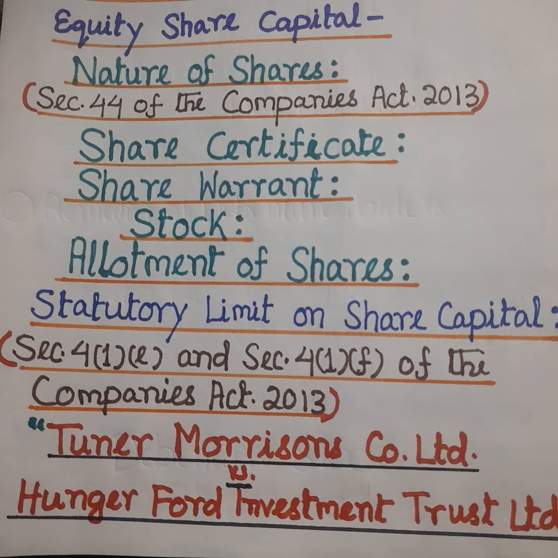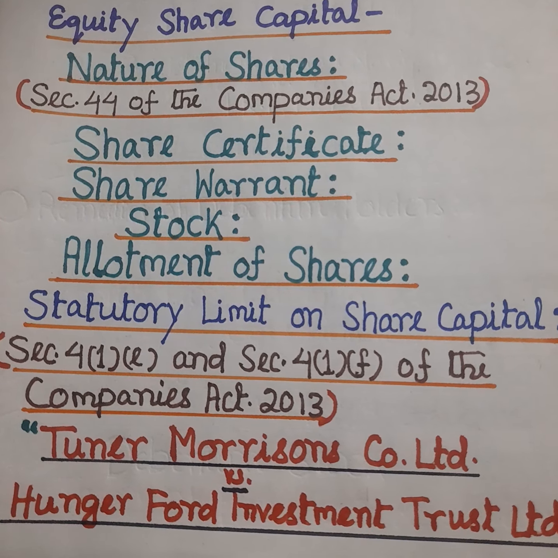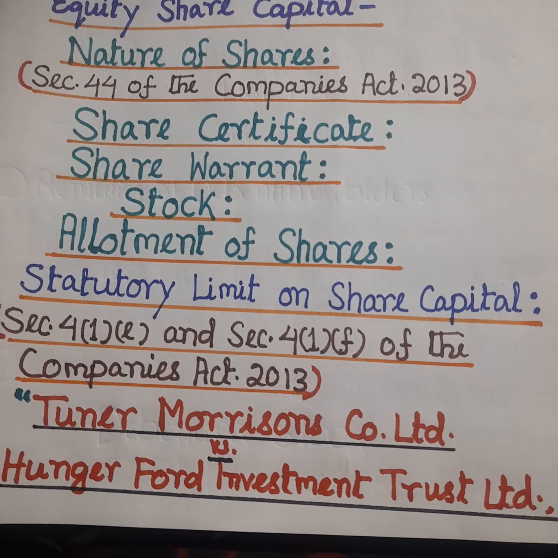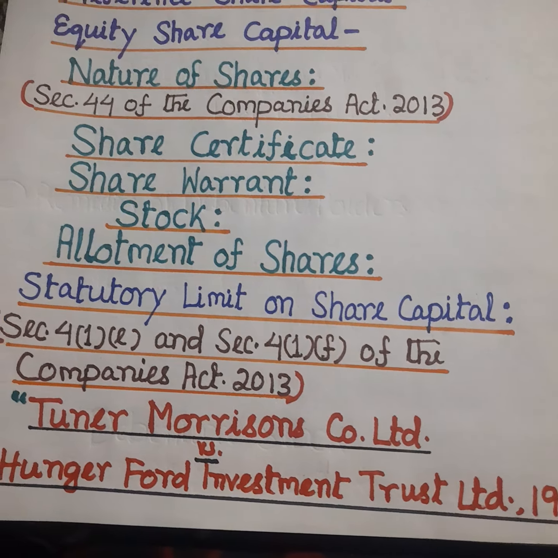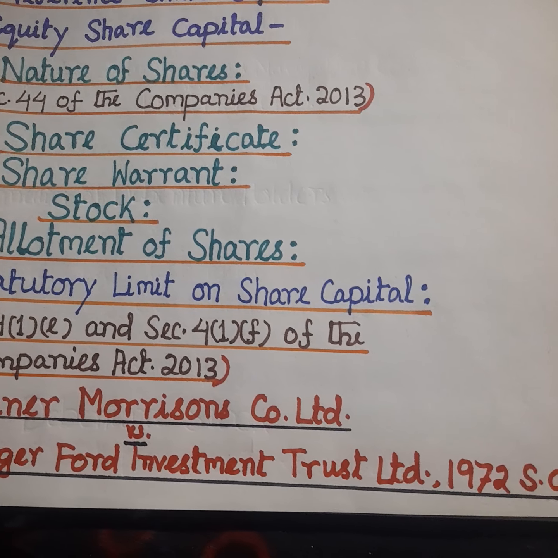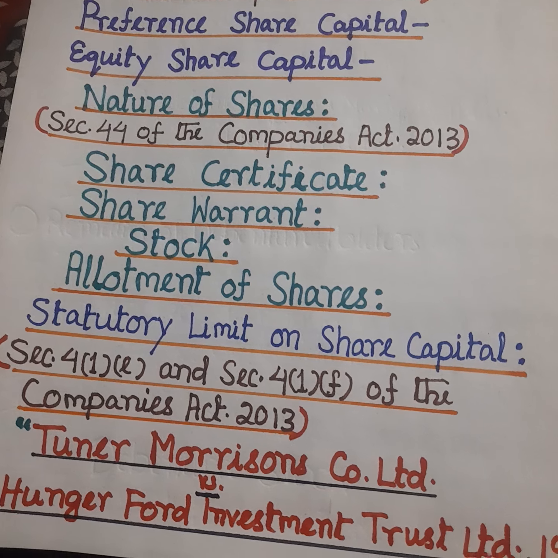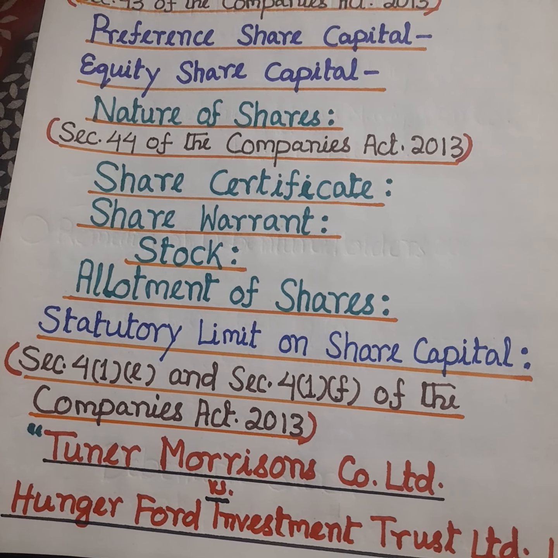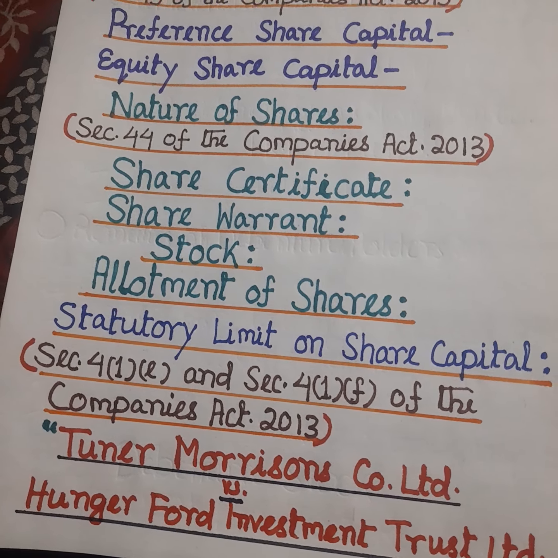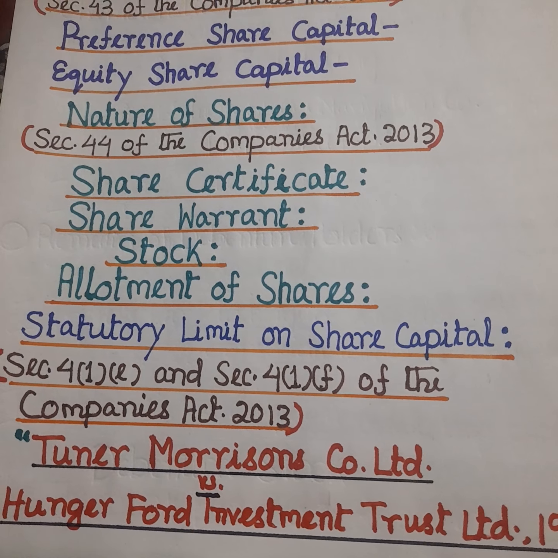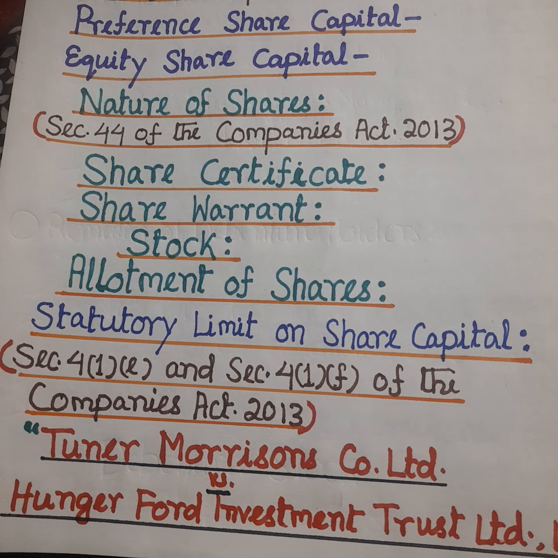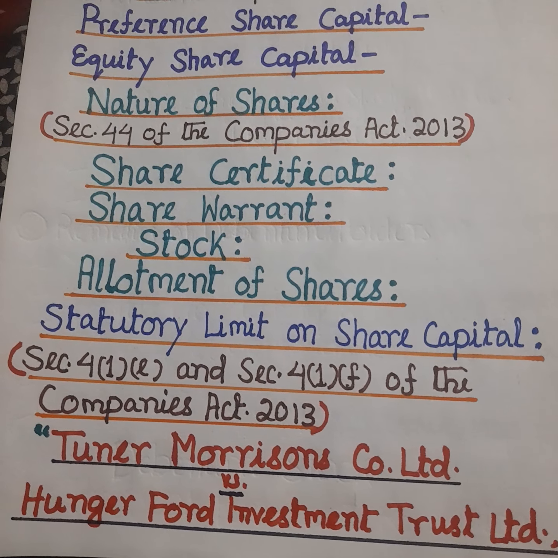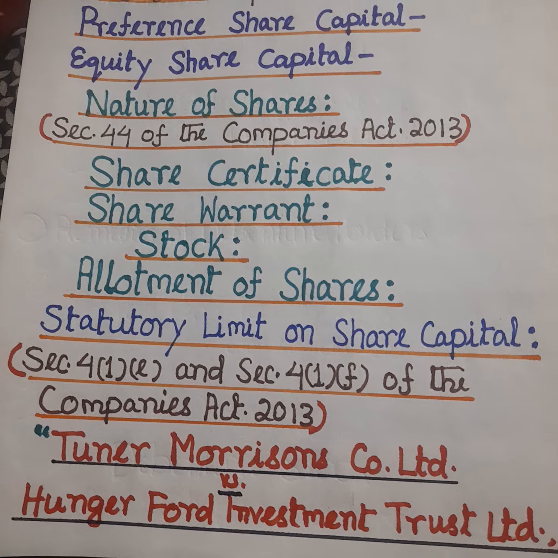In regard to that, we would like to discuss the decision in the leading case Tuna Mauritian Company Limited versus Hunger Food Investment Trust Limited, decided by the Supreme Court in 1972, where it was held that a private limited company cannot exceed the powers conferred on it under the Memorandum of Association of the company, as pronounced by the Supreme Court in this leading case.